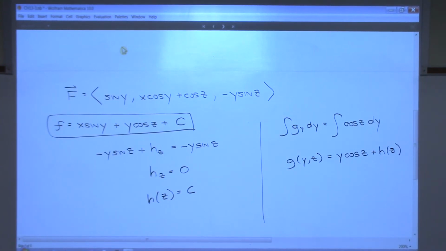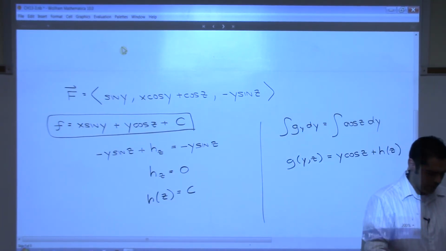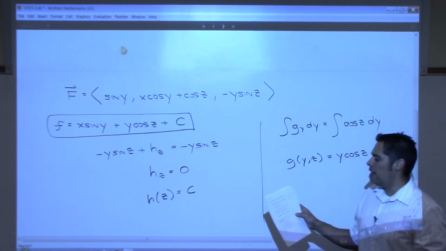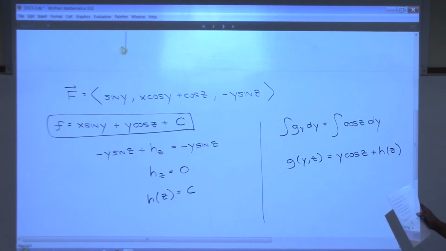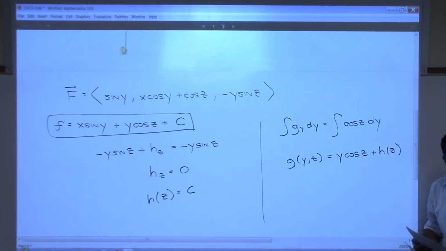Everybody have a copy of the take-home? Look at number 4. Anyone need one? I'm telling you on number 4 that capital F is a conservative vector field. And I asked for part A for you to find its potential function. I spent a lot of time making that function, so it's ugly as well. When you have to do all this, it's going to require some work. Some techniques of integration are involved there.